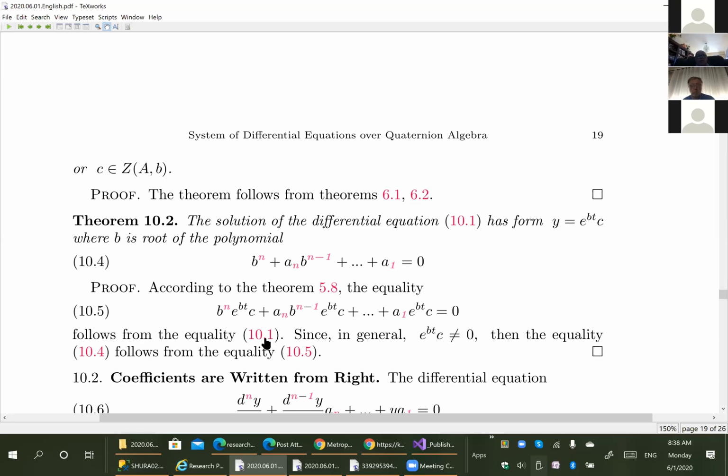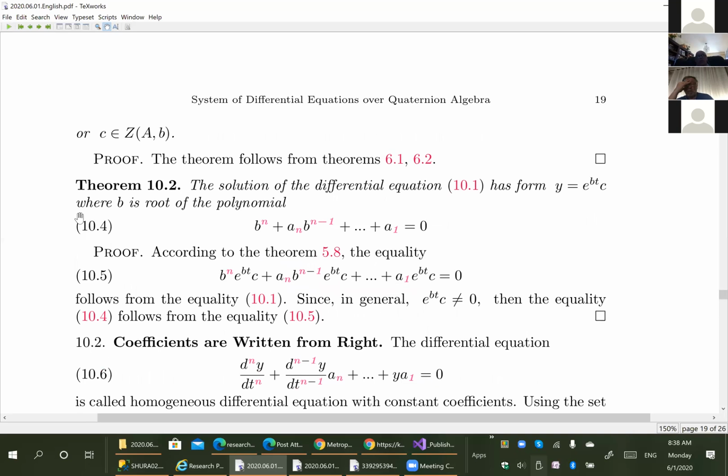And if c is any value, I can get rid of the c, provided that b should be a root of this equation, just like in the commutative case.